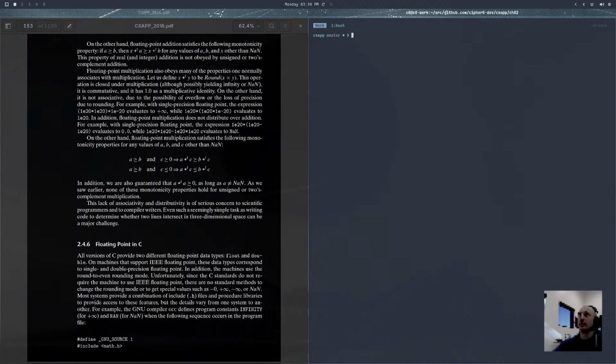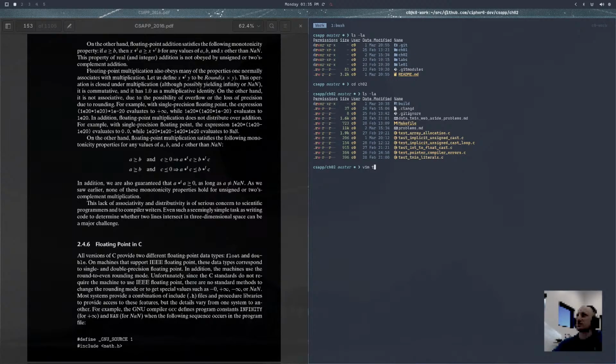Okay, and then let's see, what chapter? 02, I think that's where we're at. Yeah. So I'm going to say test generate weird float values .c.